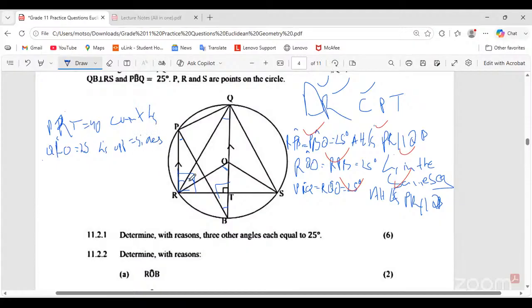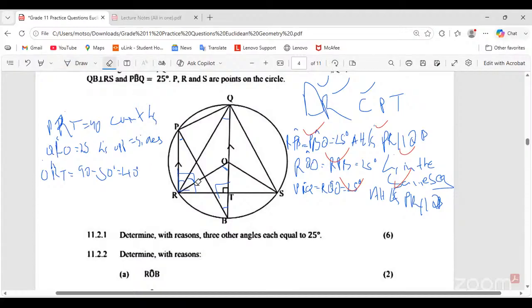So this is 25. This is 25. What is this angle here? That angle ORT is equal to 90 degrees minus 25 minus 25, which is minus 50 degrees. It gives me 40 degrees.